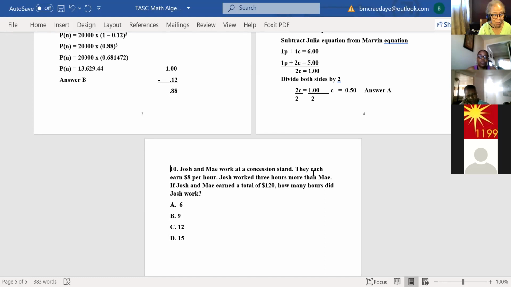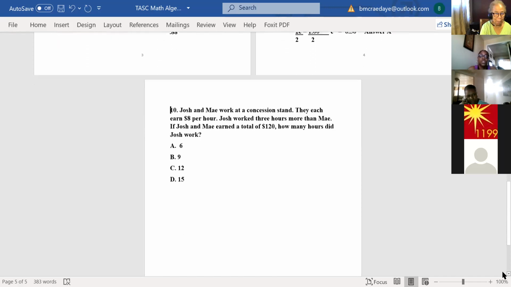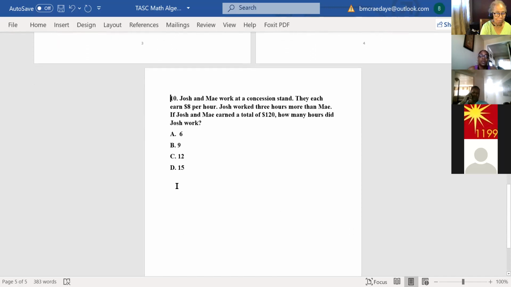So how would you set up the equations? Okay, this is how I would set it up. Okay, tell me how you would set it up, Vanessa. Josh and Mac work at a concession stand. They each earn $8 per hour.